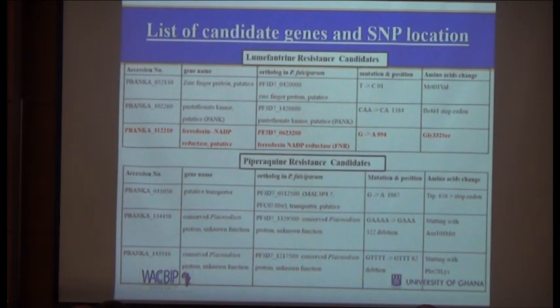I'll not dwell so much on this, but the one highlighted in red, I'll highlight some preliminary data on this, the ferredoxin NAD reductase. As Oliver mentioned yesterday, there are a number of resources that you can use to relate the gene with the phenotype that you see. Some of them are Plasmogem vectors.